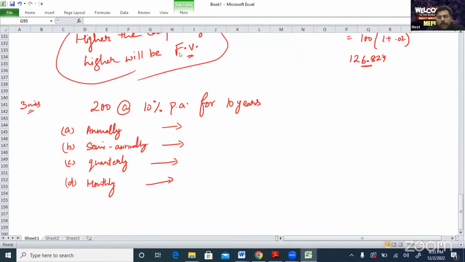That is 200, then put the minus sign, so the present value is negative. Then PMT is 0, compute future value. It is coming 518.748.